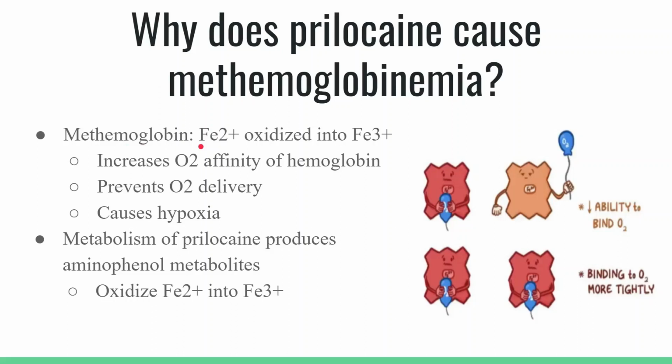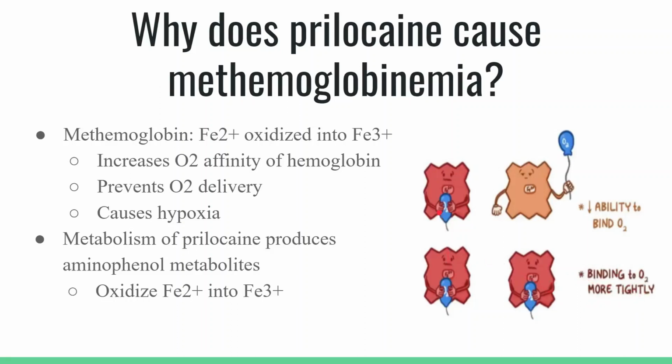Now, what is important about this methemoglobin? The importance is that this heme group, which is oxidized into ferric, has a reduced ability to bind oxygen, meaning that it does not bind oxygen. This causes the remaining functional heme groups to increase their binding to oxygen. So they bind to oxygen much more tightly.